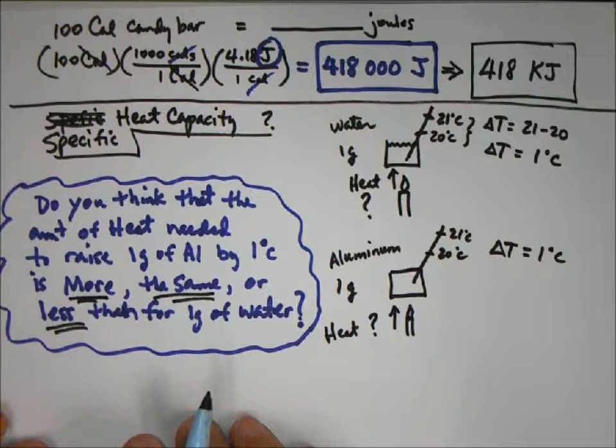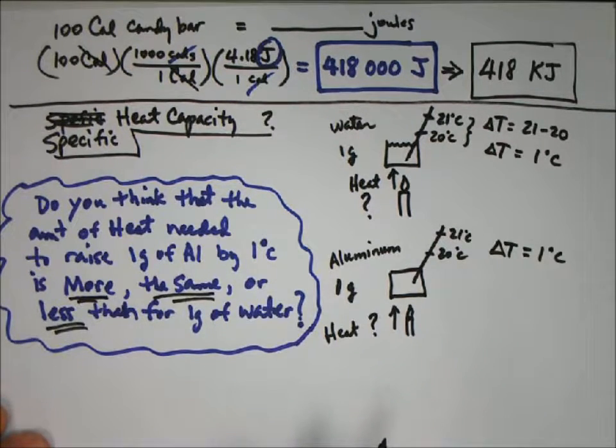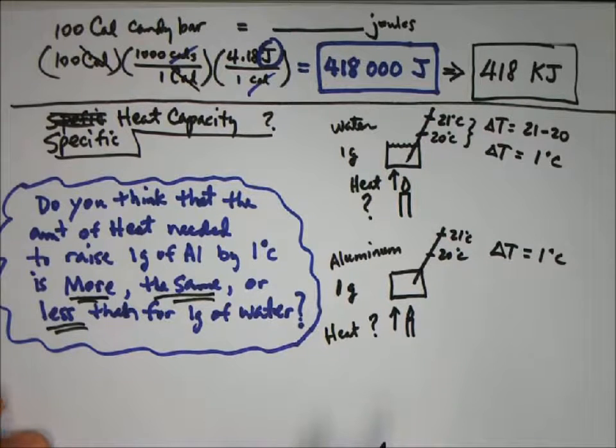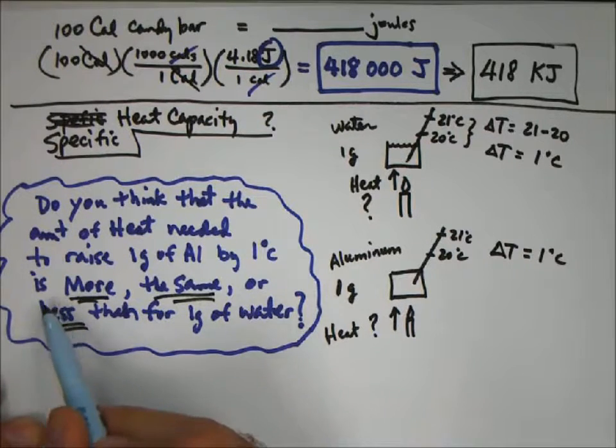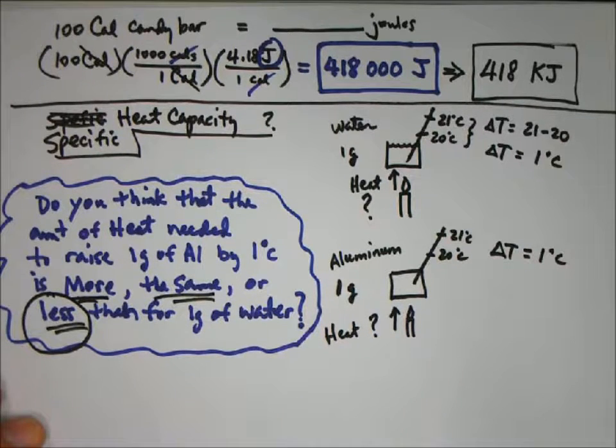Well, now that you've thought about it, and we've brainstormed a little bit, we find that the amount of heat needed to raise 1 gram of aluminum by 1 degree is less than that for 1 gram of water.